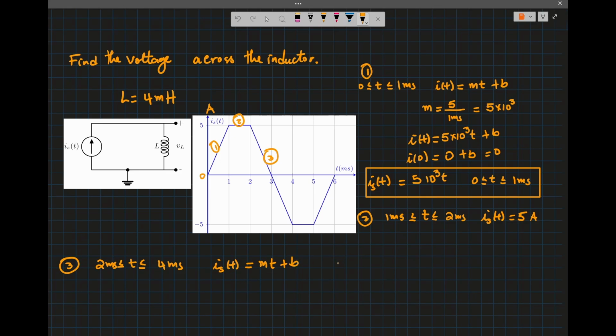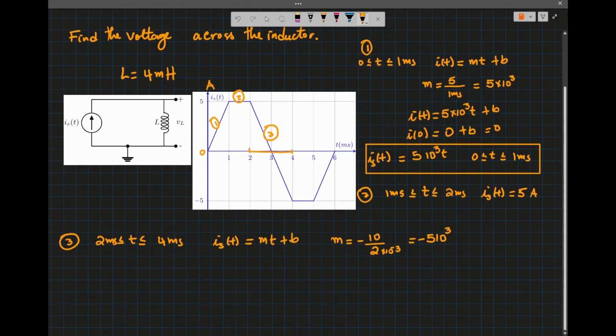Now let's find the slope. So m is the slope, which is -10 divided by the run, which is from here to here, 4 minus 2, which is 2 times 10 to the -3. So that gives me -5 times 10 to the 3.